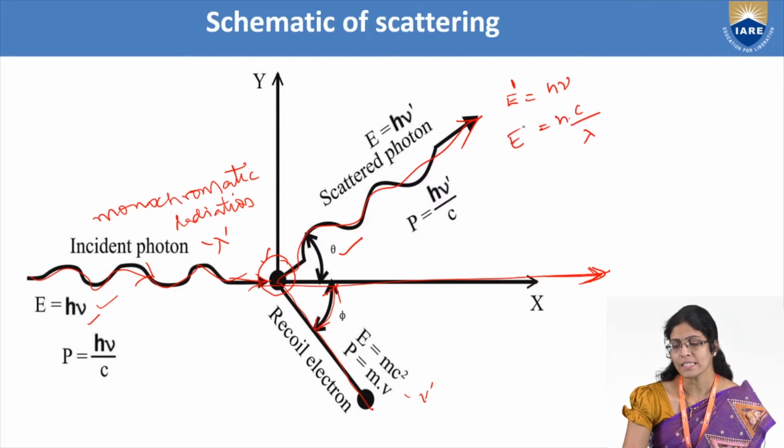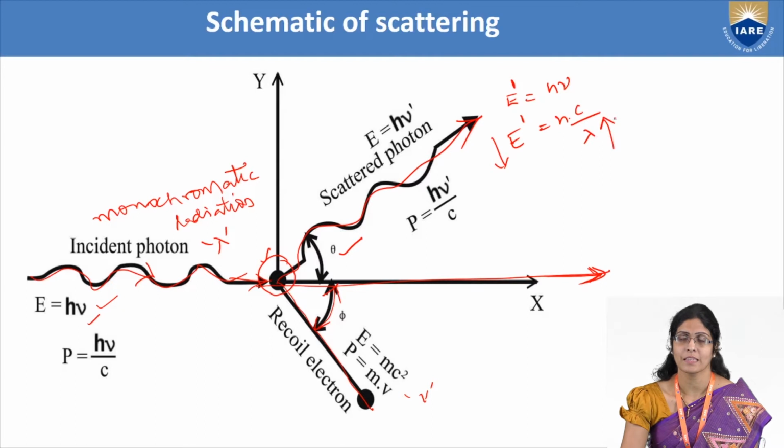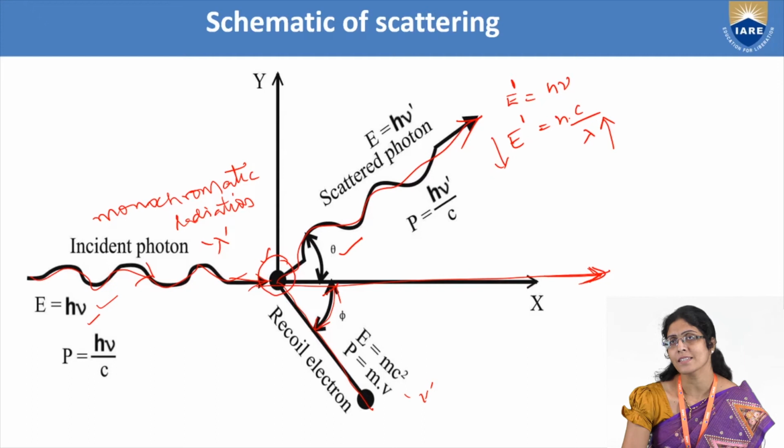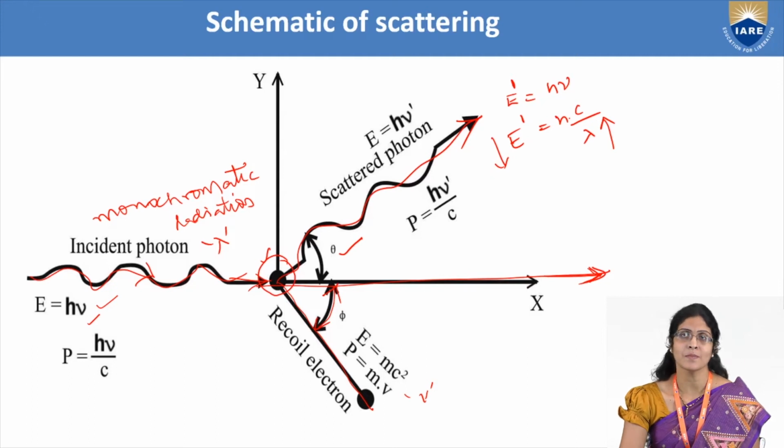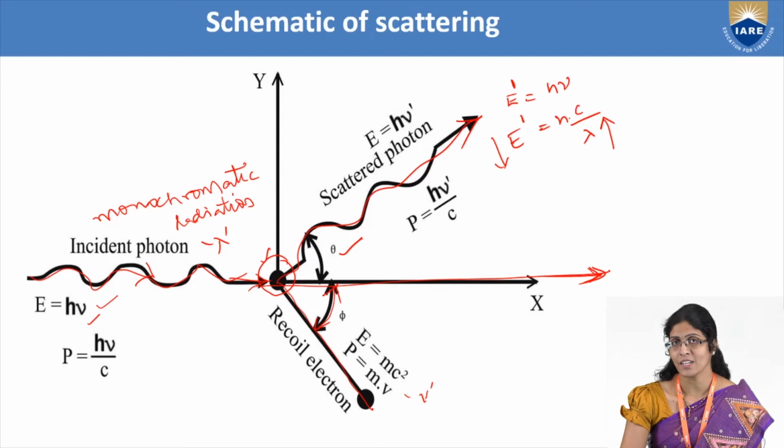Now what is happening to the new energy E dash? It has lowered. Seeing the inverse proportional relationship, what will happen to the wavelength? The wavelength is increased. That is, the scattered photon moves ahead with a larger wavelength. Larger the wavelength, lower the energy, which means lower the penetration power.